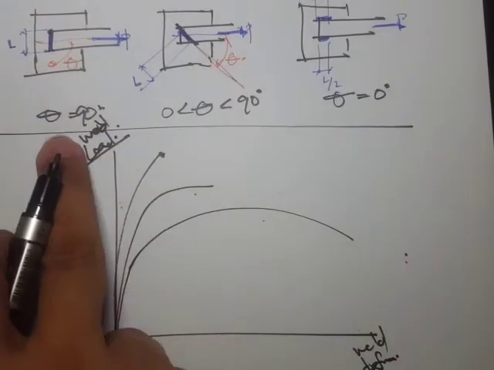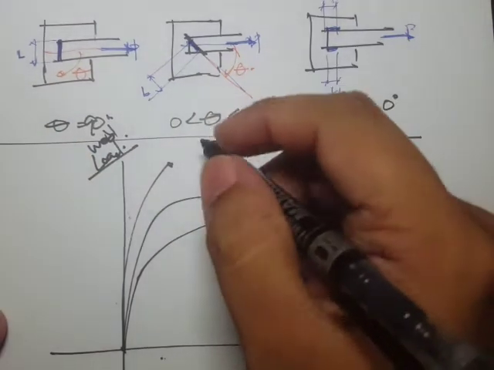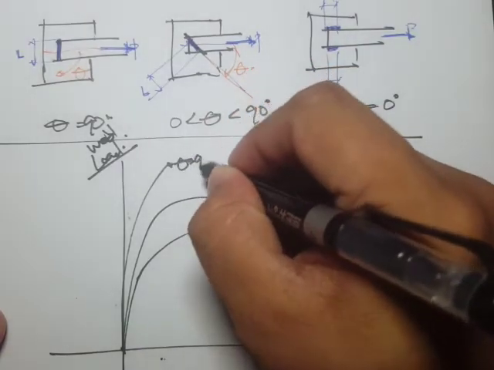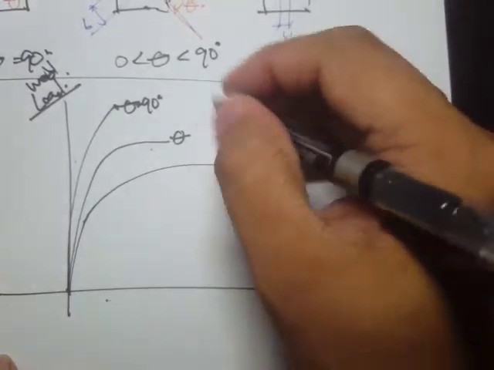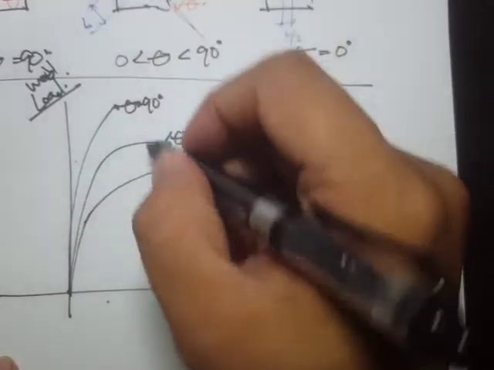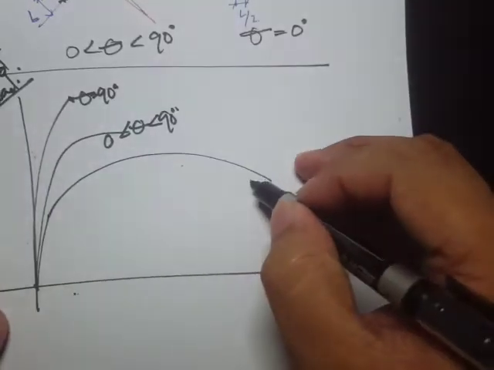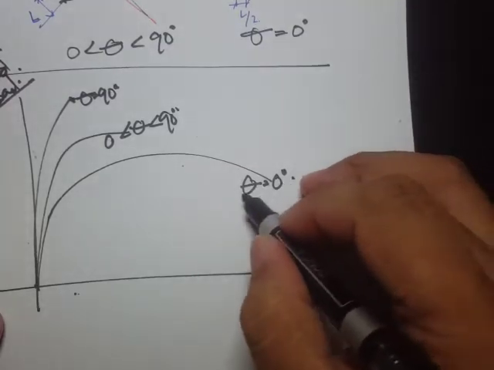Now, for theta equal to 90 degrees, this is it. Theta is equal to 90 degrees, and then this one theta is greater than 0 but less than 90 degrees, and this one theta is equal to 0 degrees.